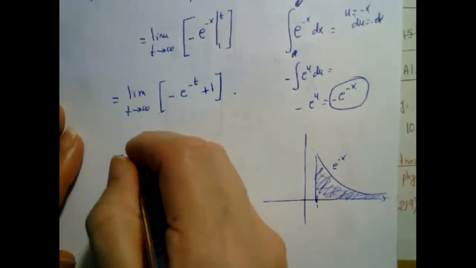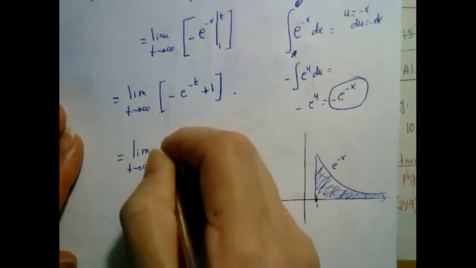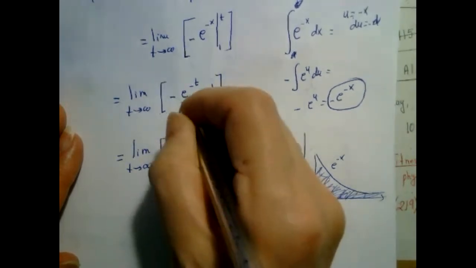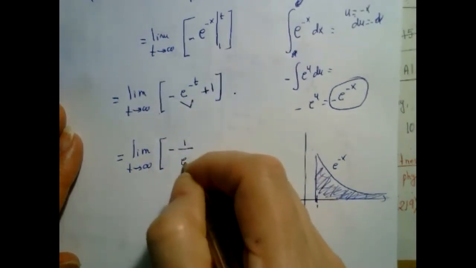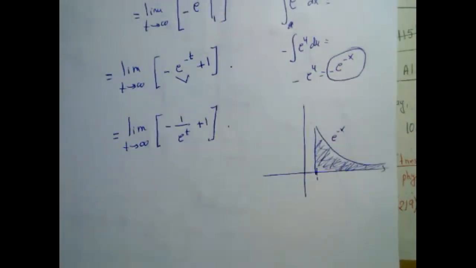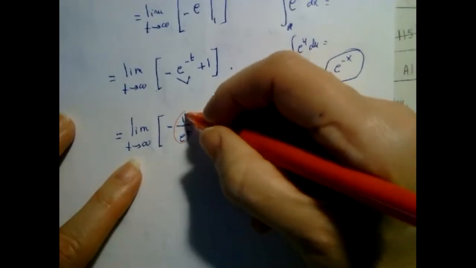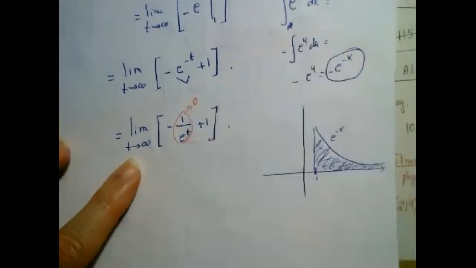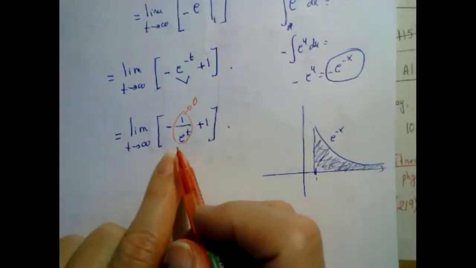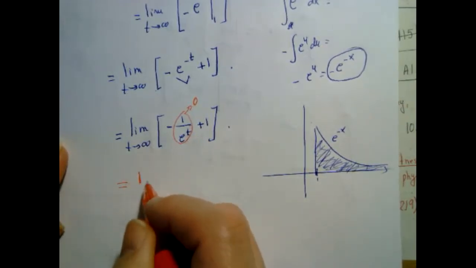So let us evaluate. I'm having correct answers on chat. As I did yesterday for e minus t, I rewrote it like this. And then what happened to that? When t goes to infinity, e to the t goes to infinity, so this term will have to go to 0. So this becomes very close to 0, but I have plus 1, so this is going to be equal to 1.